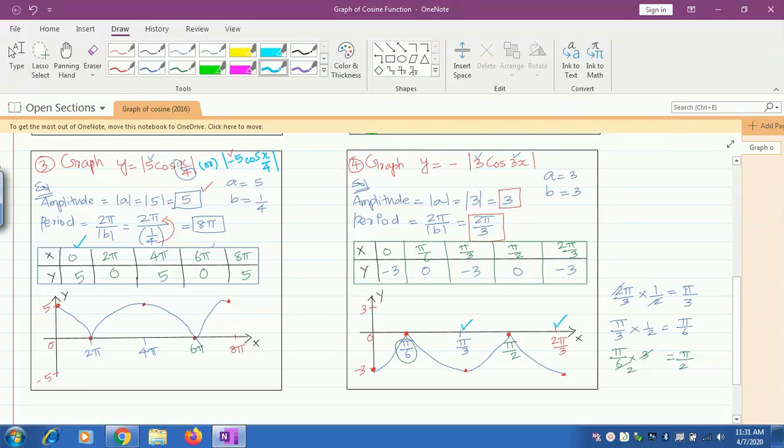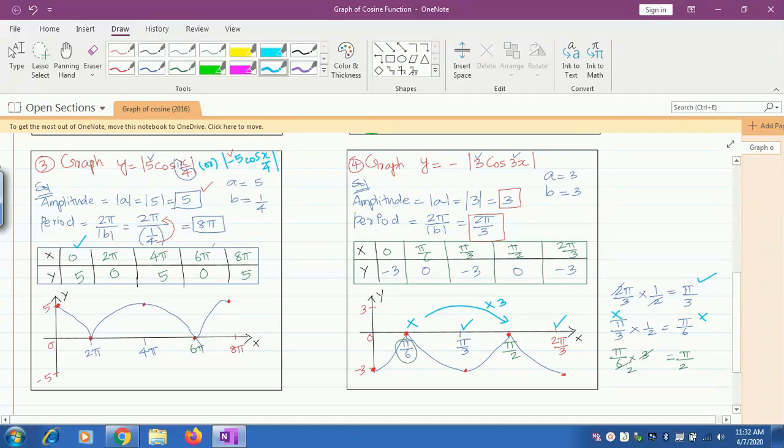What is the half? So I got it here. If you multiply half, pi over 3, and then what is the half of this one? So I got this, and multiply by 3, right? So you'll have minus 3, 0, minus 3 again.